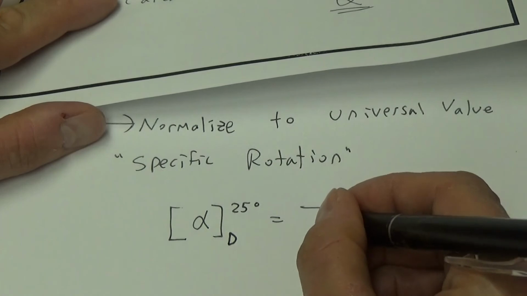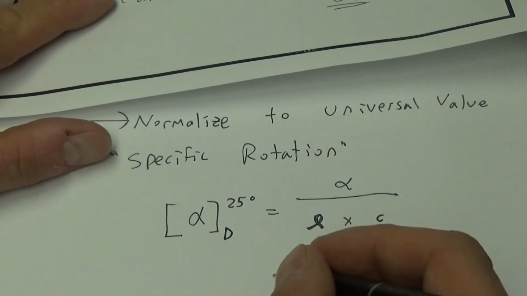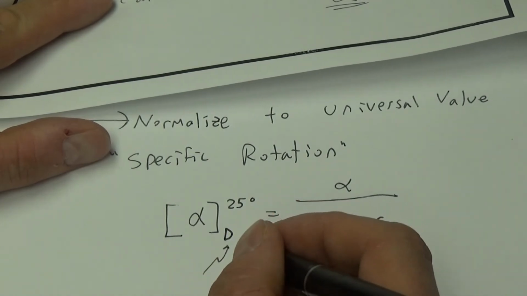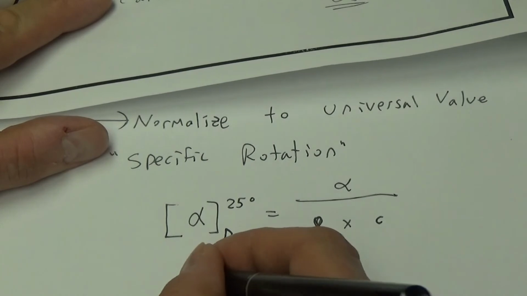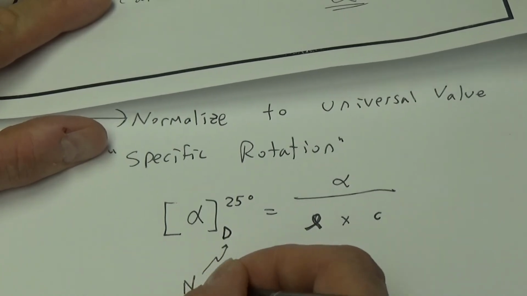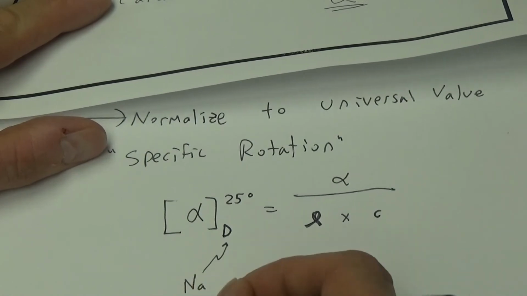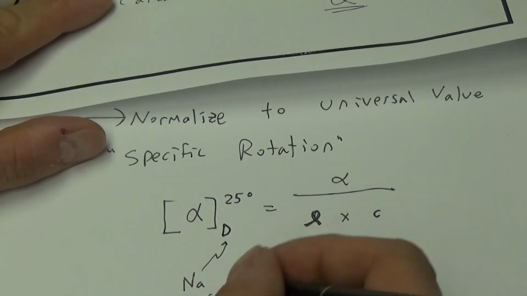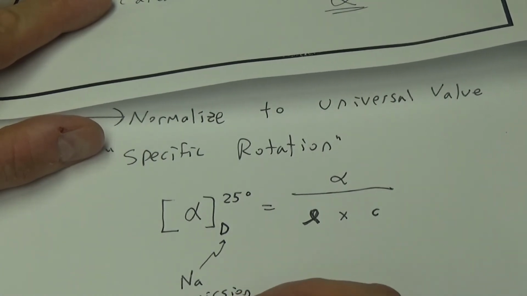What are these different things? L and C. Okay, so D refers to the sodium emission D line. All this means is it's a specific wavelength of light. So lambda is equal to 589 nanometers.